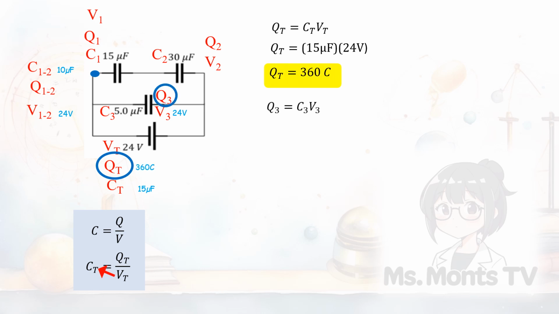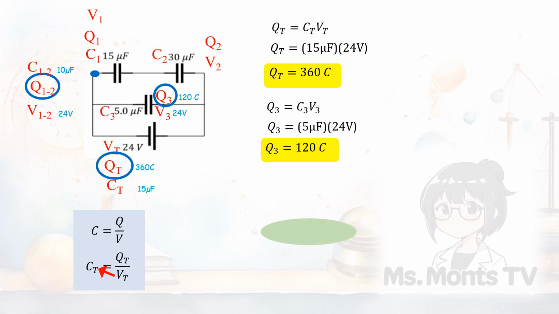Next, Q3. Q3 equals C times V. So 5 microfarad times 24 volts, that will become 120 coulomb. Next, Q12, because they are connected in series. So Q12 equals C12 times V12, that will become 240 coulomb.